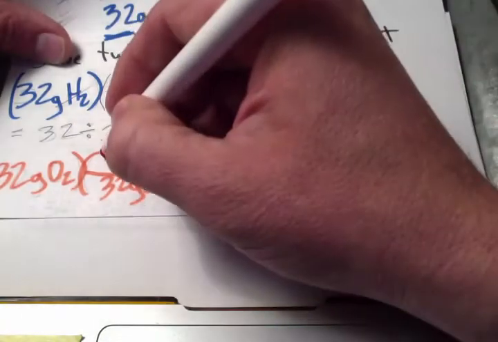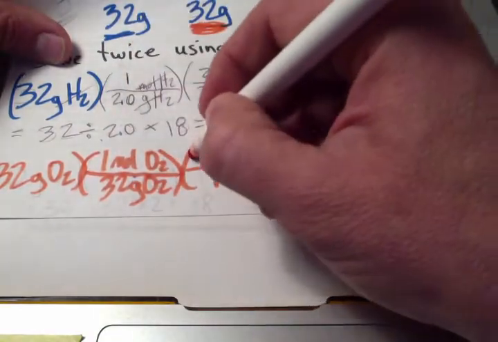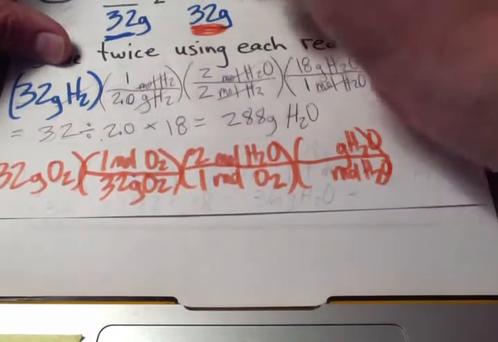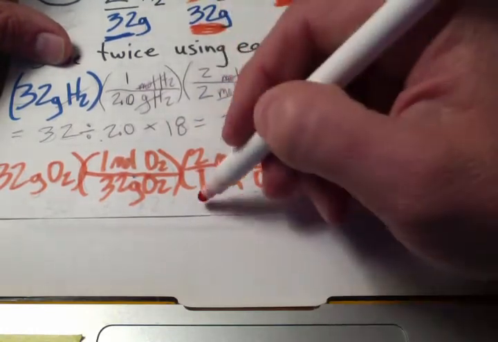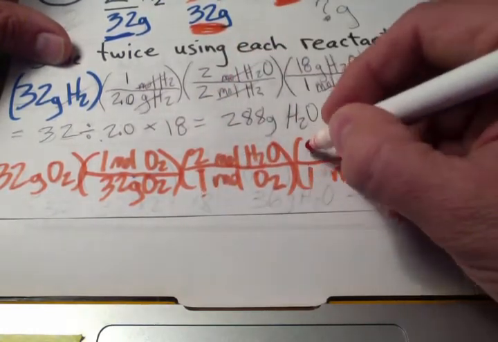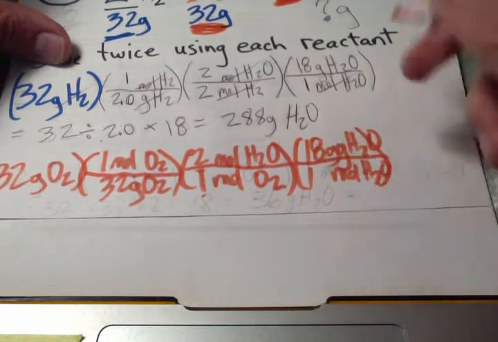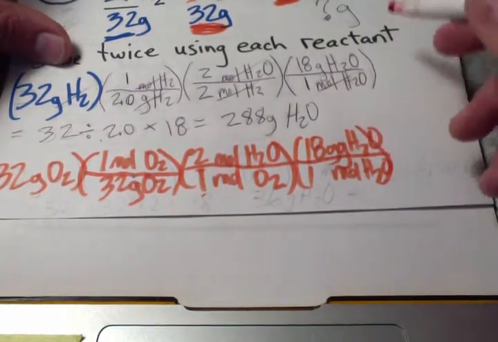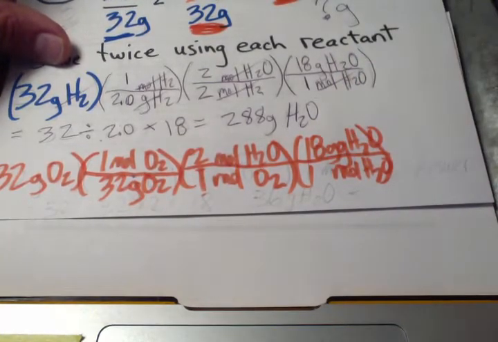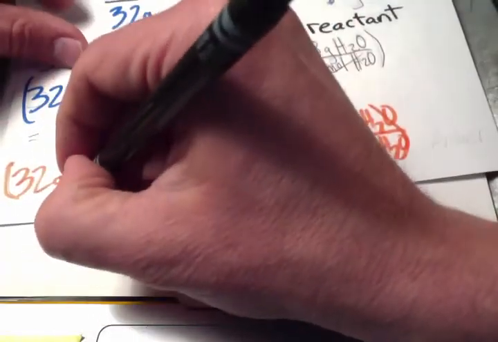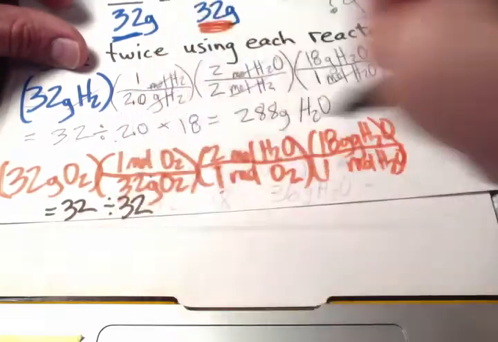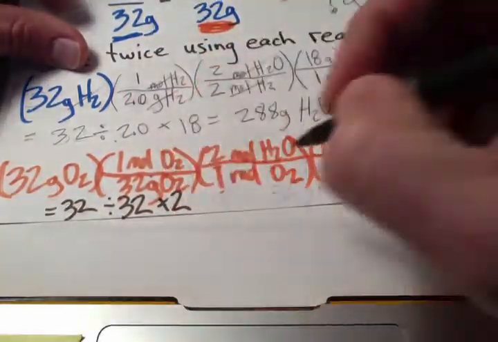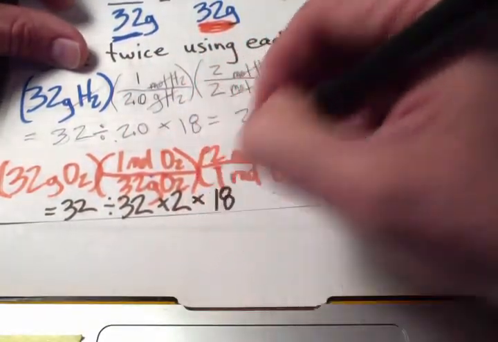So now a full mole of water is 18. The mole ratio, 2 waters, 1 oxygen. Full mole of O2 is still 32. That's the same, if you look, this is the same here. So how does that look on the calculator? 32 divided by 32 times 2 times 18.